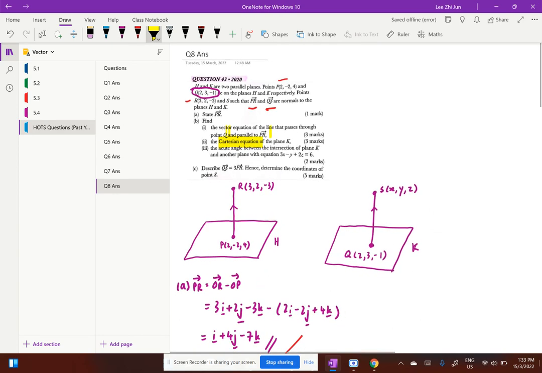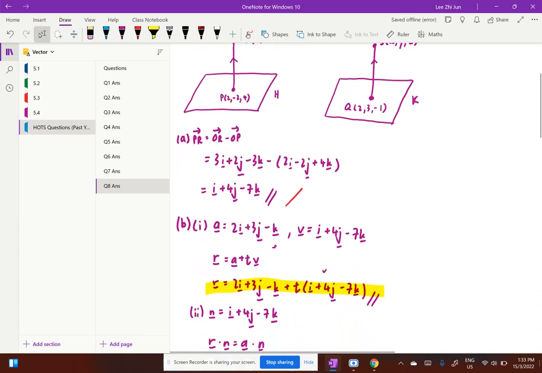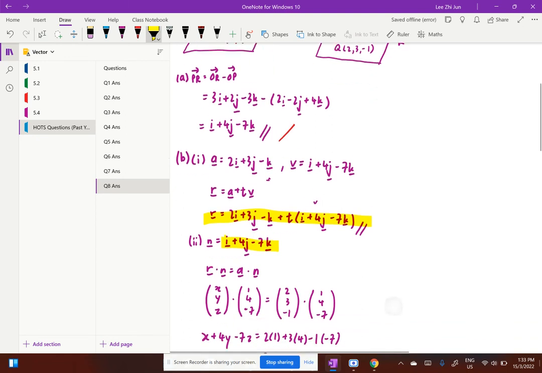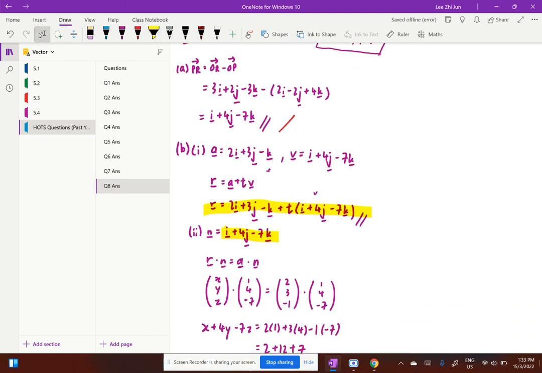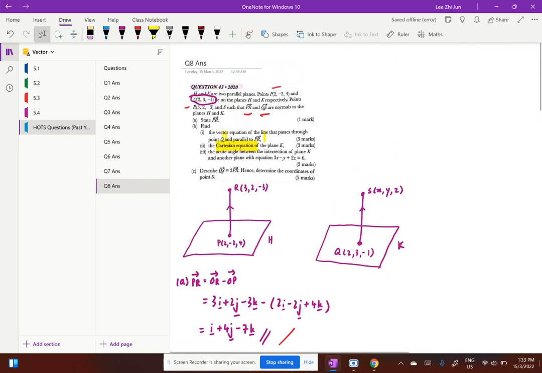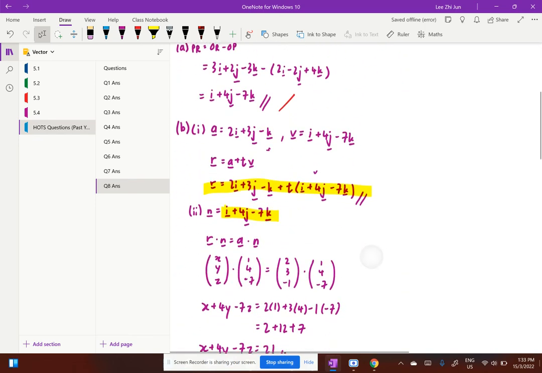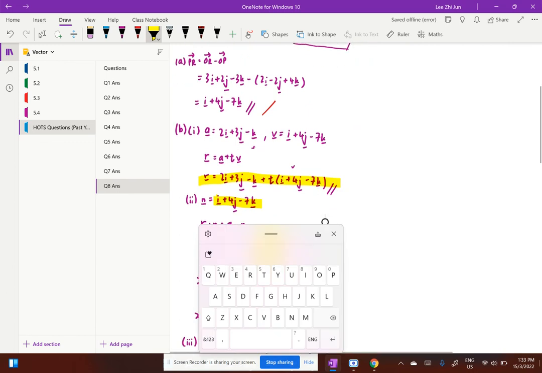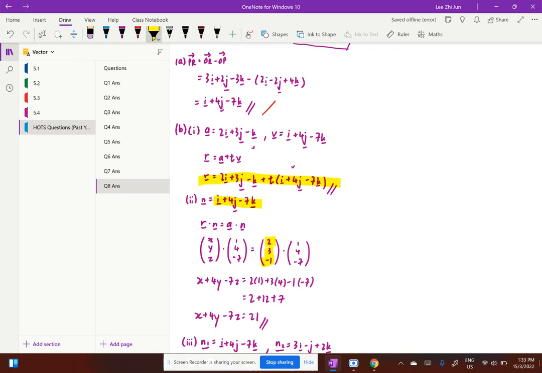We know from B1. So for the normal, we just take the PR, i plus 4j minus 7k. So the fixed point I get from the Q, 2, 3, negative 1. r·n equals to a·n. So x plus 4y minus 7z equals to 21.